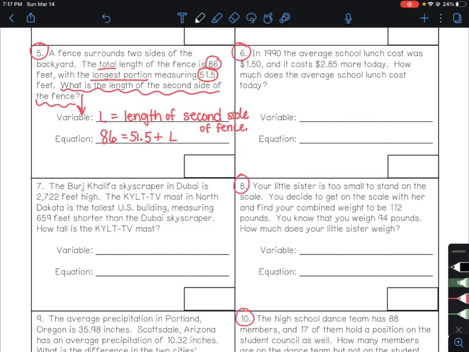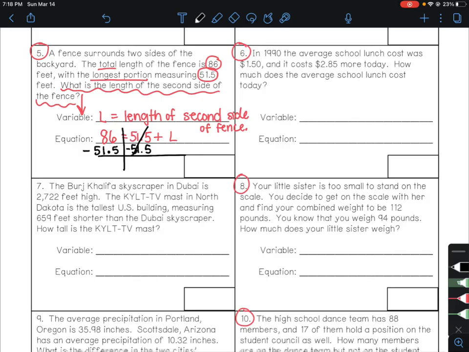So solve this. Draw your line down through your equal sign. Look for the variable. It's being added to a 51.5, so I'm going to subtract 51.5 on both sides. And when we do that, on this side, they're going to cross out because they make a 0. On the other side, minus 51.5.